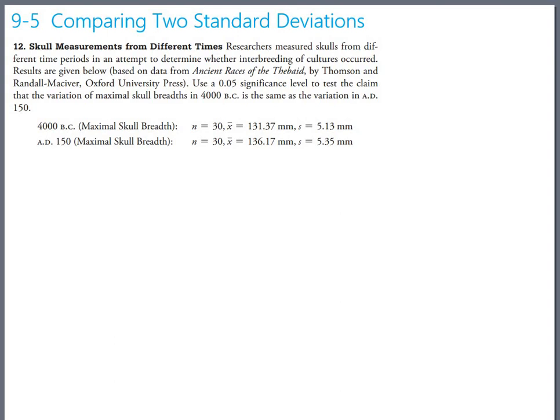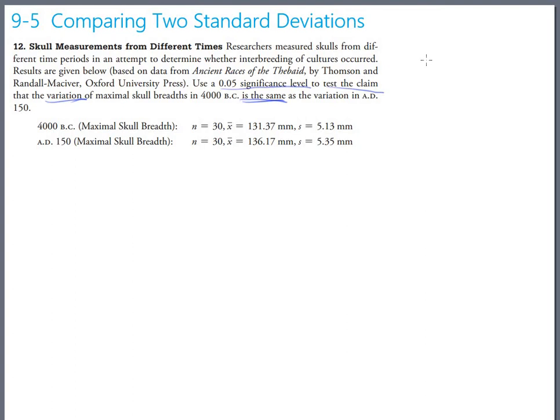Use a 0.05 significance level to test the claim that the variation, keep in mind variation is just a general word that talks about standard deviation or variance, in general, how spread out they are, that the variation of maximal skull breadths in 4,000 BC is the same as the variation in 150 AD. So "is the same" is really our key word there.